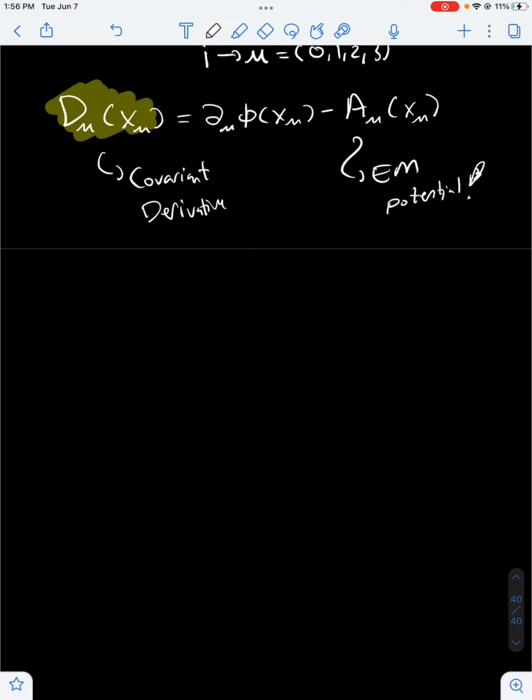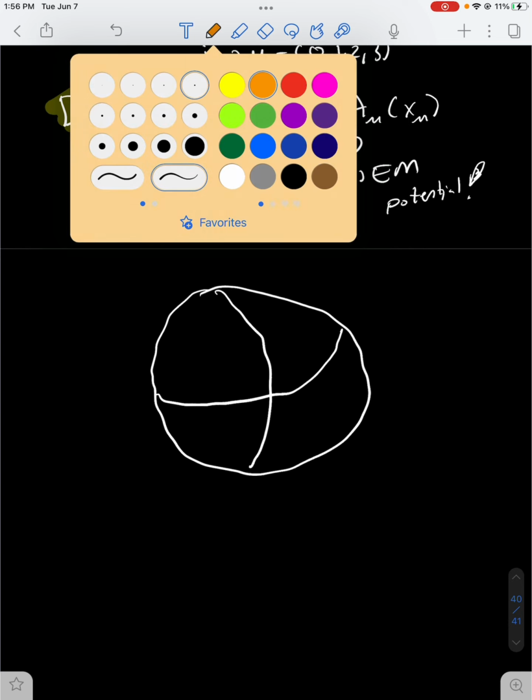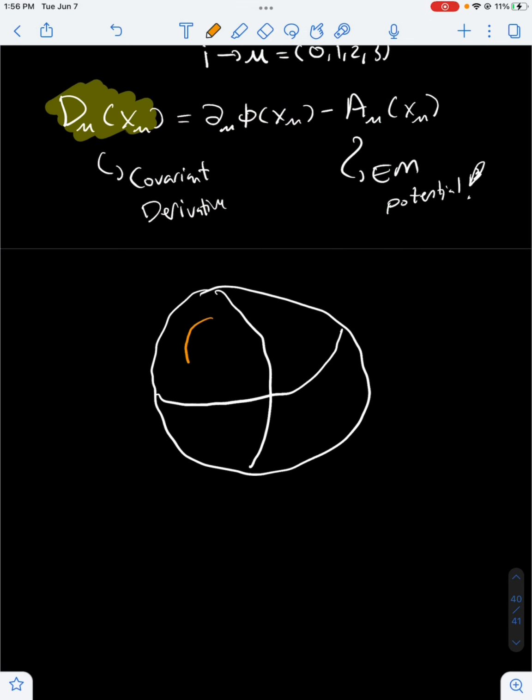So for curved spaces, like a sphere, so here's a sphere, a poorly drawn sphere. Say we have some region on a sphere, some closed loop on the sphere. And then we have some vector from this closed loop. And say we want to take this vector and transport it around a loop.